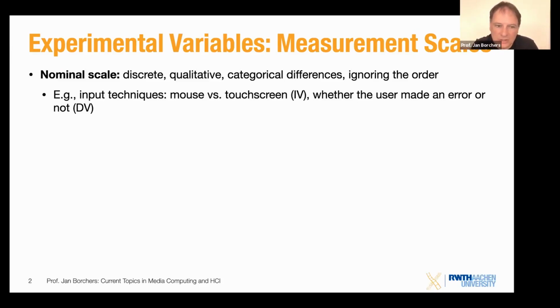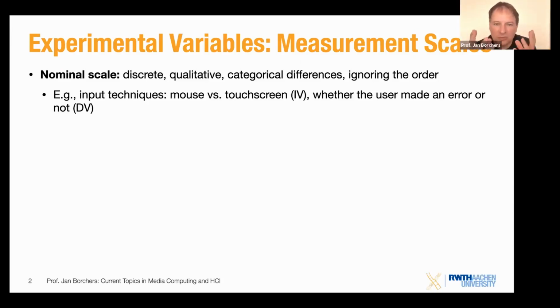So the least satisfying scale that you might get variables on is called the nominal scale. To give you an example, you might have two input techniques, right? You're trying to compare how fast mouse input is versus touchscreen input because you just invented the mouse or the touchscreen. That would be your independent variable. And mouse and touchscreen, you can't order these, right? The mouse isn't more or less than the touchscreen.